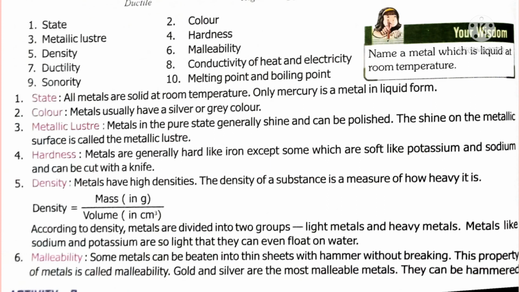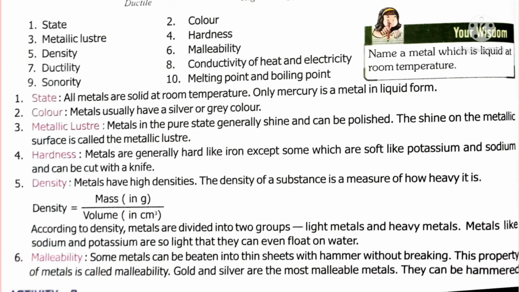Mercury is the only liquid metal. The remaining non-metals may be gases, liquids, or solids. The liquid nonmetal is bromine, the solid nonmetals are carbon, sulfur, etc., and the gaseous nonmetals are oxygen, hydrogen, nitrogen, etc.